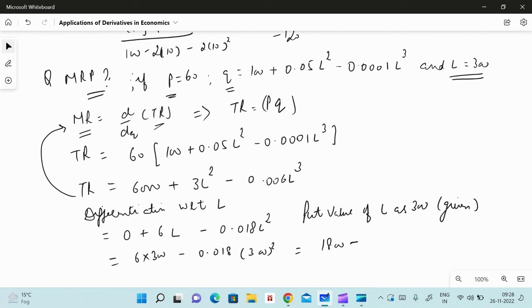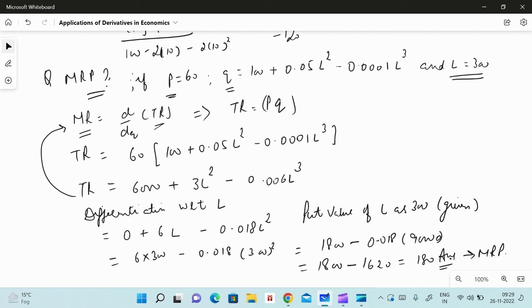This gives me 1800 minus 0.018 into 90,000, which is 1800 minus 1620. So this is equal to 180. So the value of marginal revenue product is equal to 180.